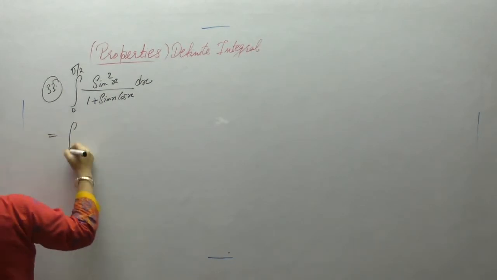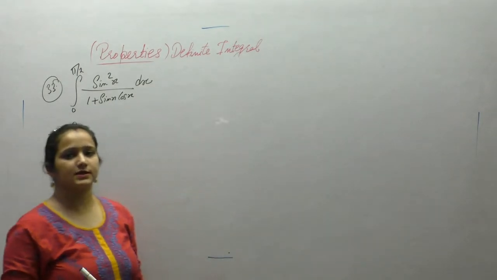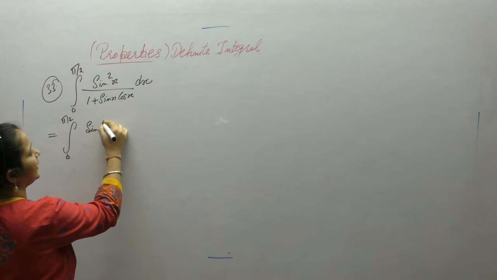First, use the property: integral from 0 to a of f(x) dx is equal to integral from 0 to a of f(a minus x) dx.